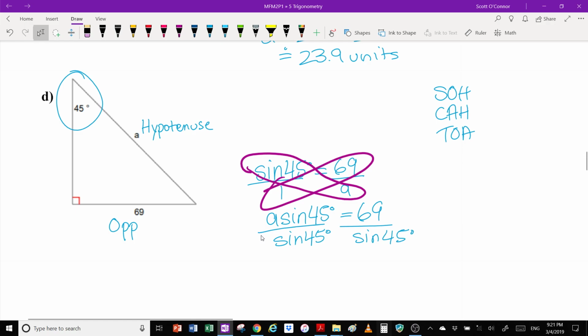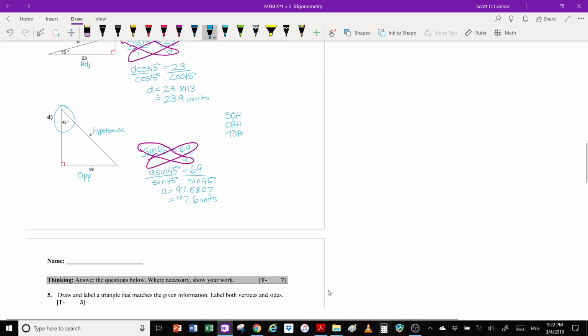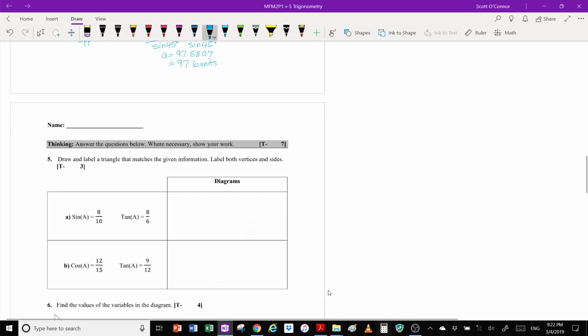And when I do that in my calculator, I do 69 divided by sin 45, and I will get A is equal to 97.5807, or about 97.6 units. All right, so that's how we do those 4 questions here from question number 4.